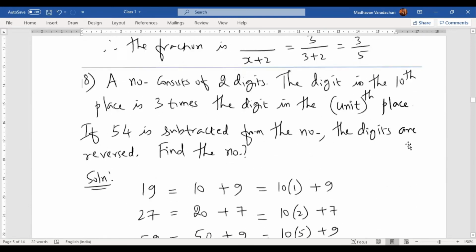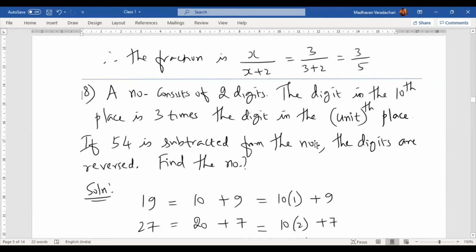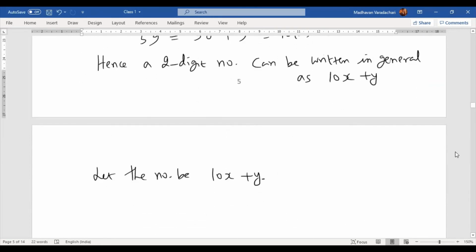So they say here the digit in the 10th place is 3 times the digit in the unit place. Means I can say the digit in the 10th place is x, is 3 times the digit in the unit place.